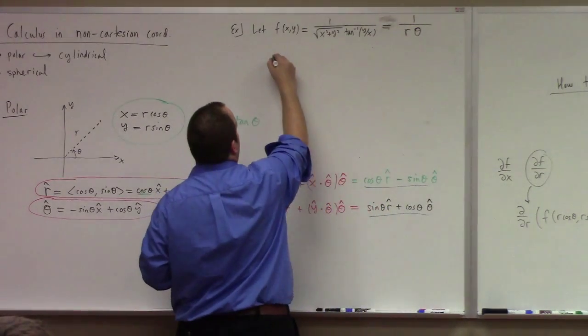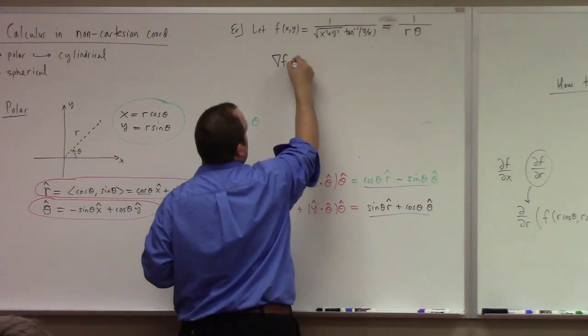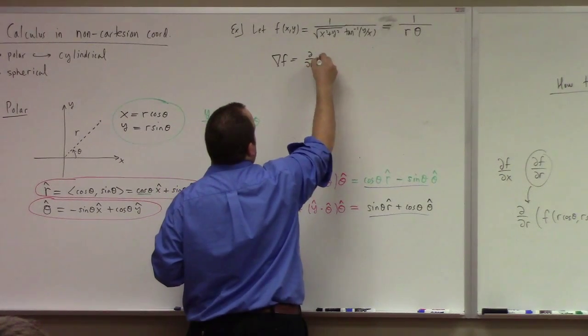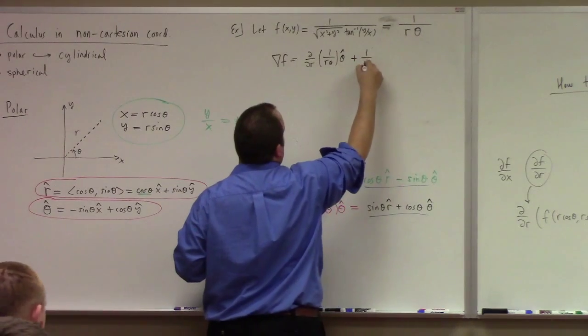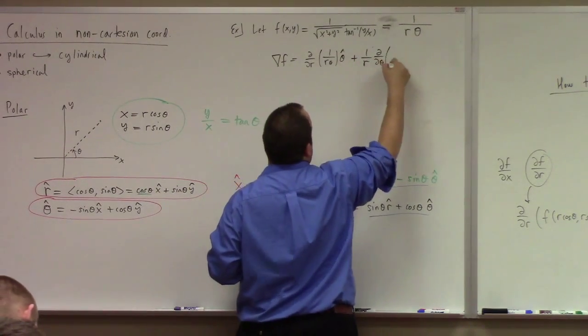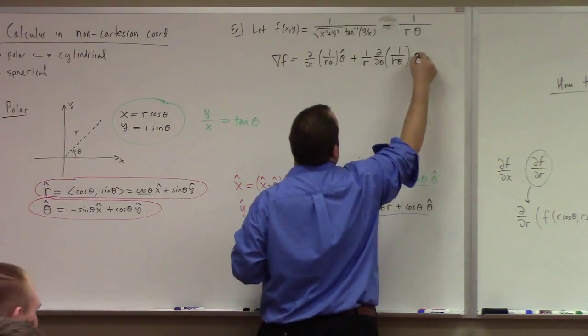Right, so the gradient of f is just partial r of 1 over r theta, theta hat, plus 1 over r, partial theta of 1 over r theta, theta hat by what we derived today.